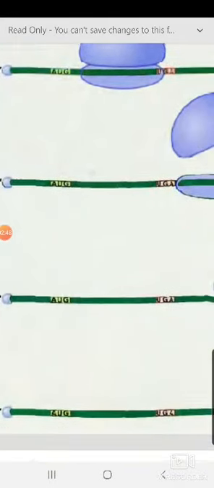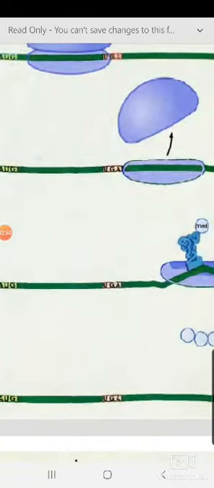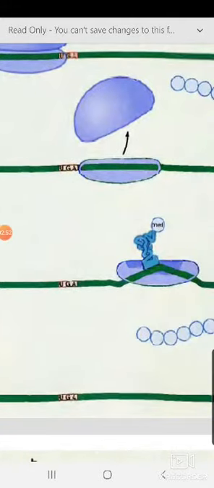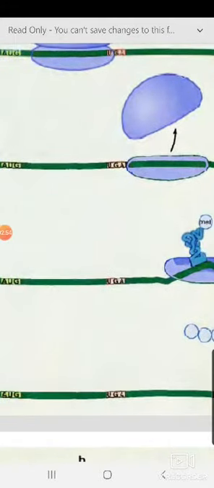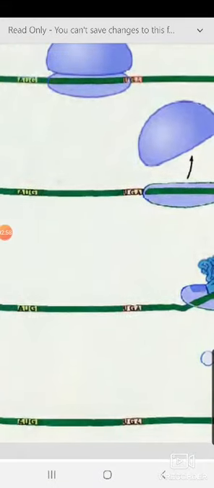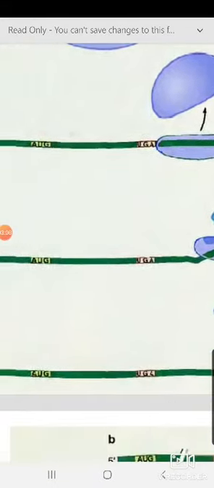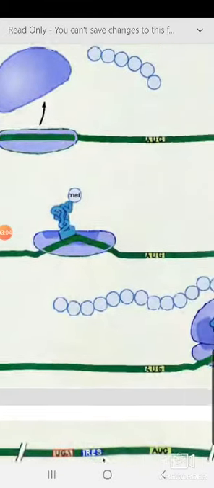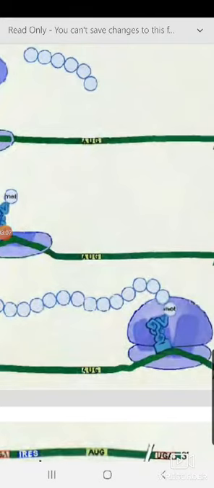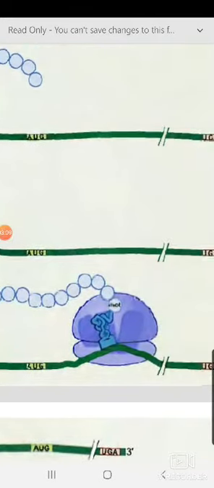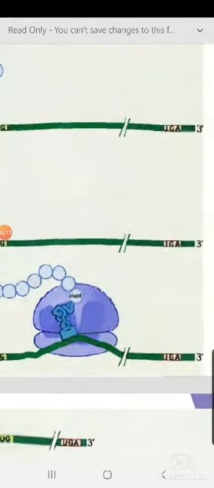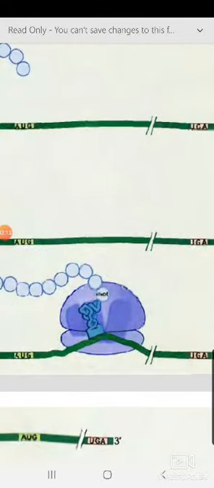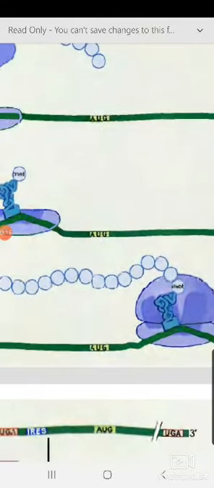But in a rare case, the smaller subunit of the ribosome, instead of getting rid of this first upstream open reading frame, stays attached and starts scanning, reaches the first AUG of the main open reading frame, and does the translation. Translation continues.